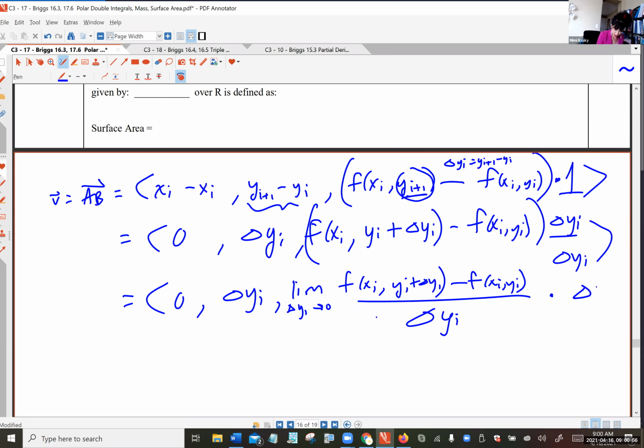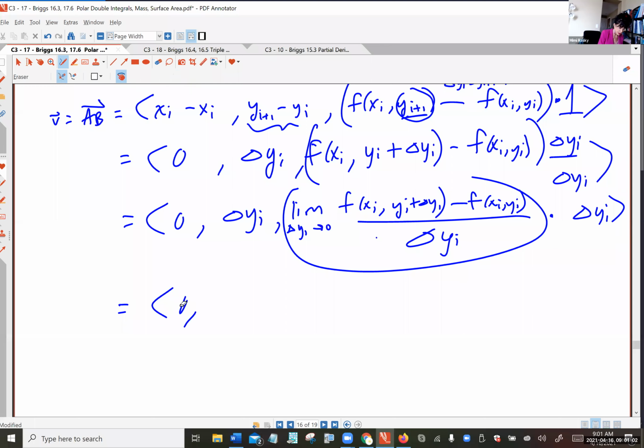And then we'll multiply it by delta y sub I over here. And this guy right here is, you guessed it, the first partial of f with respect to y. So there, then we'll evaluate it at x sub I, y sub I. Okay, and then we still have that delta y sub I factor.